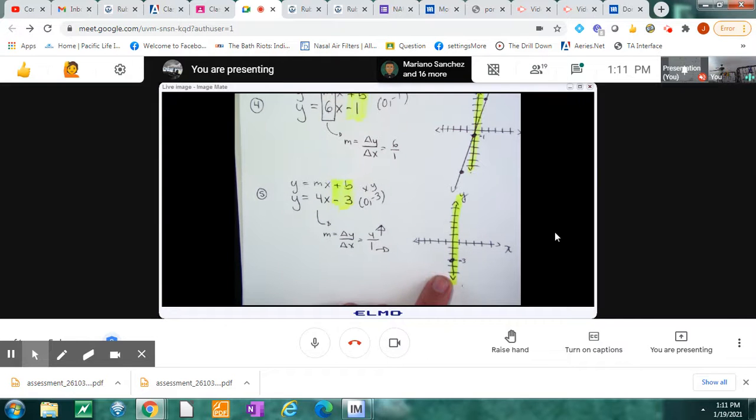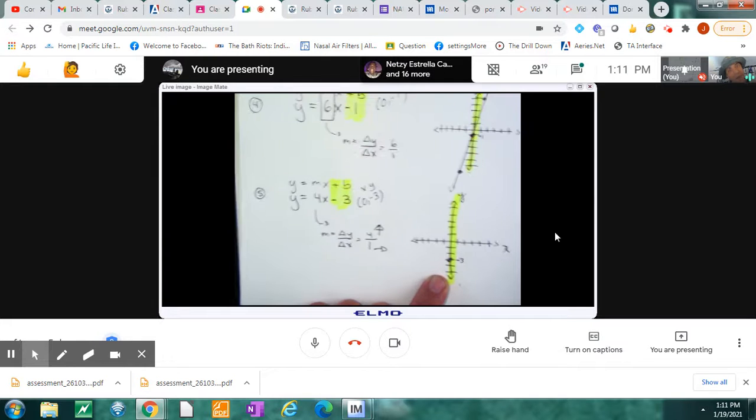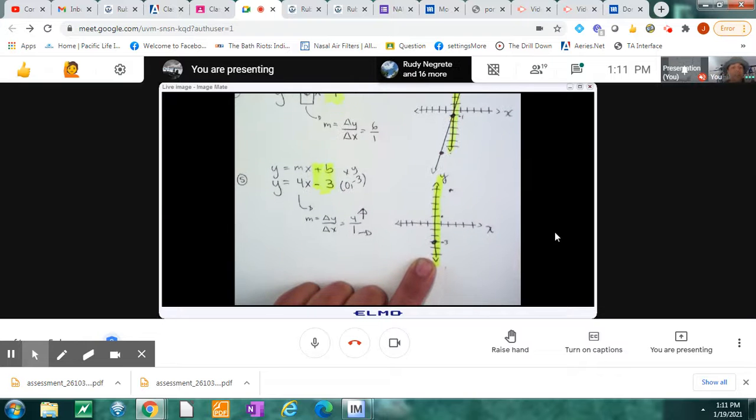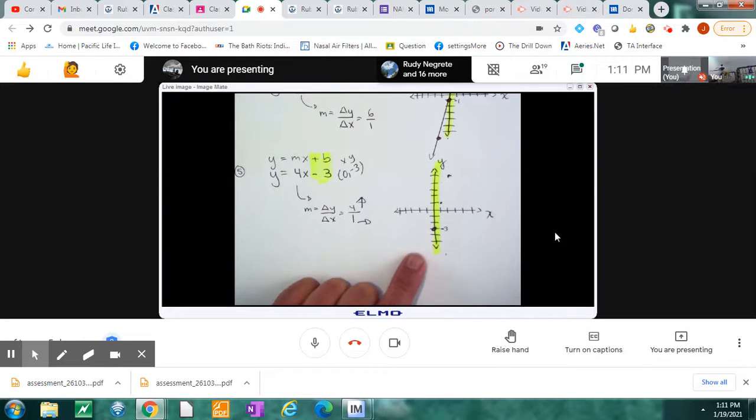Let's do some music. 4 up, 1 to the right. 1, 2, 3, 4, and 1 to the right. 1, 2, 3, 4, and 1 to the right. Then go back opposite, down and to the left. 1, 2, 3, 4, left. 1, 2, 3, 4 to the left. It's a little crooked, but we get it.